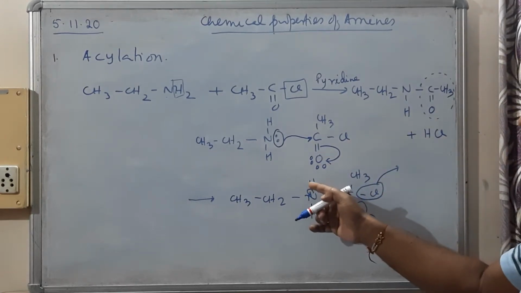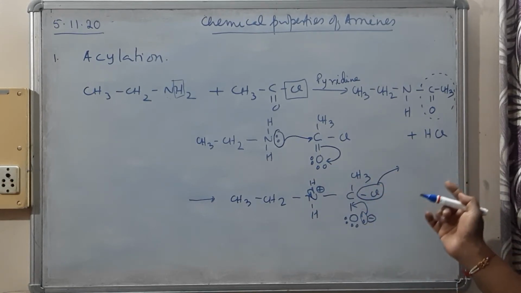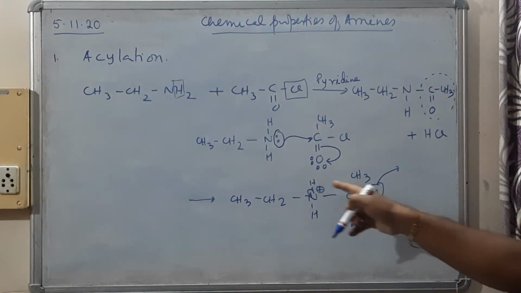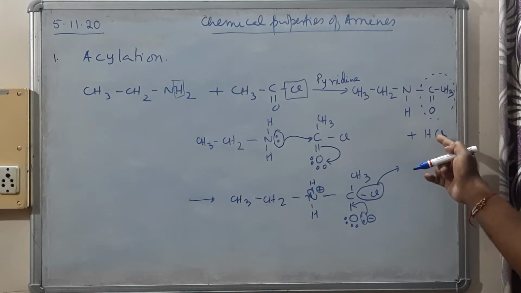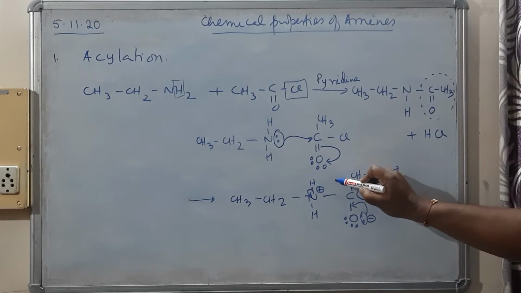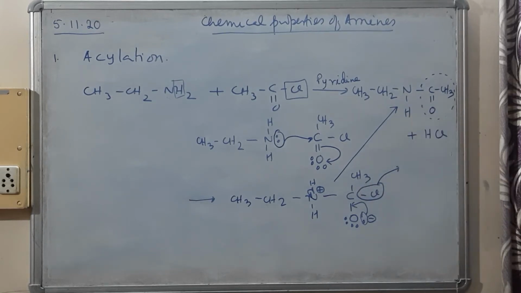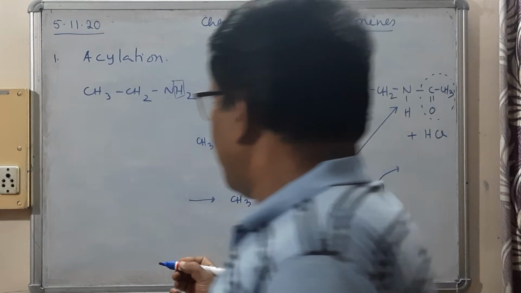So this H coming out as H plus, this Cl coming out as Cl minus, together they will form HCl, and we get the acylated product. So this is acylation. Acylation can also be done with acetic anhydride. I am giving you one example of that.